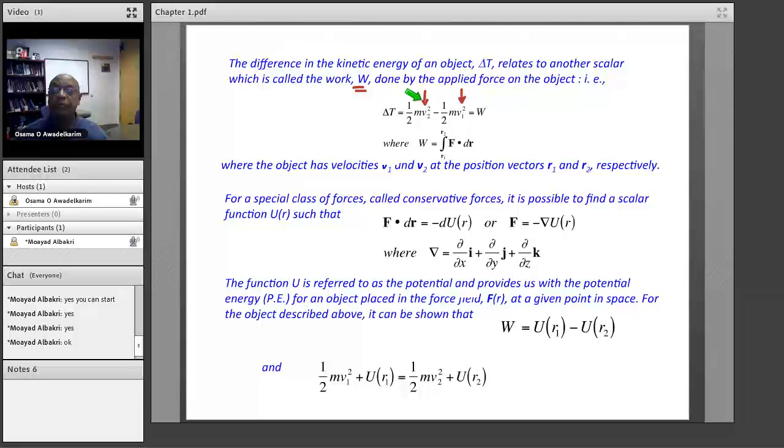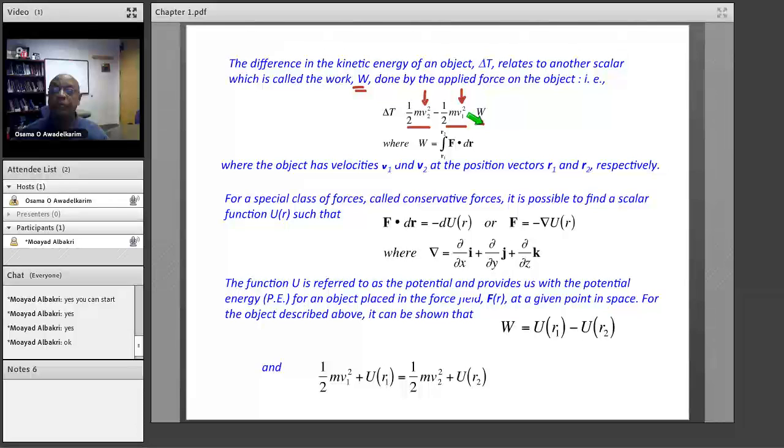So the difference in kinetic energy is the kinetic energy in position 2 minus the kinetic energy in position 1. And this difference, or increase, in kinetic energy is equal to the work done. So this difference in kinetic energy is actually supplied by the force which acts on the object.